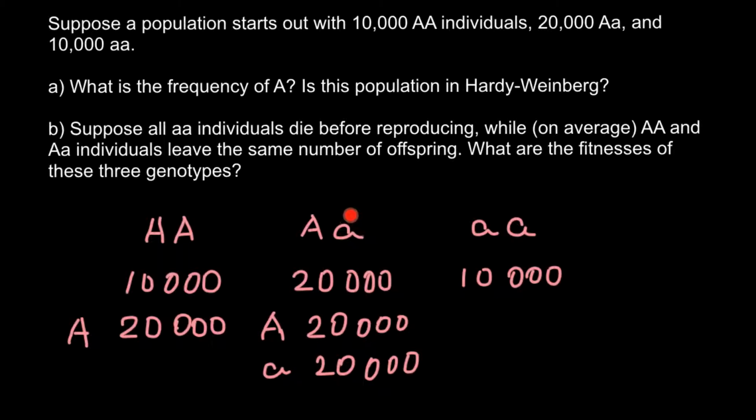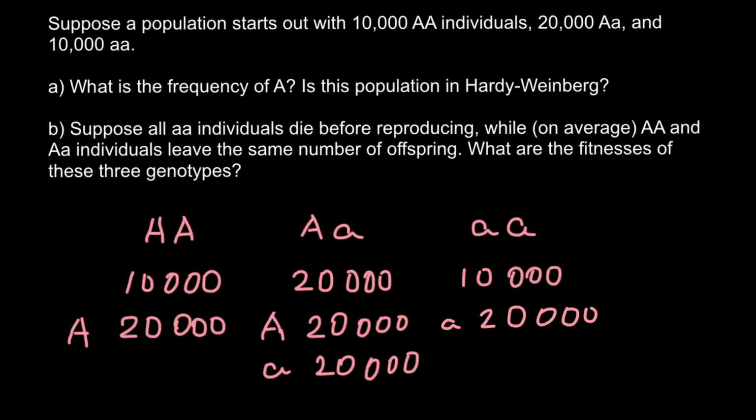Once again, each of these 20,000 individuals has one dominant allele A and one recessive allele a. And here we have 10,000 individuals, each with two recessive alleles. That means we have 20,000 recessive alleles a.